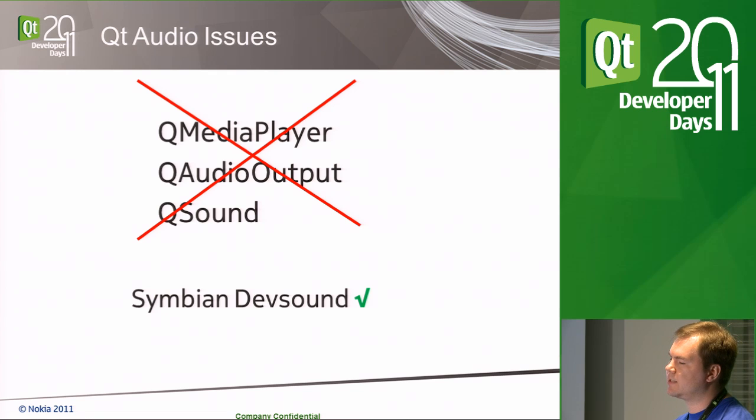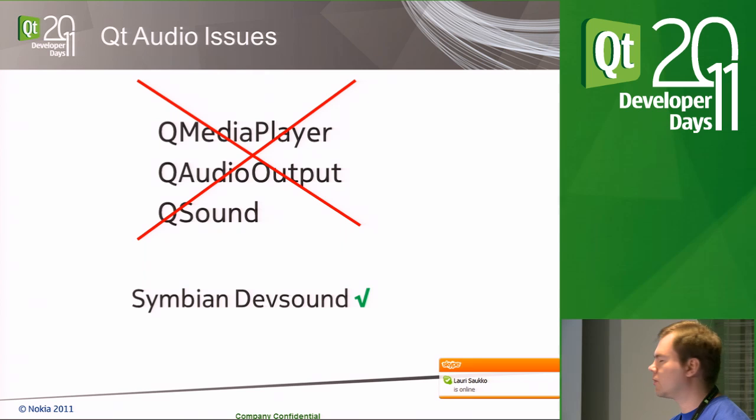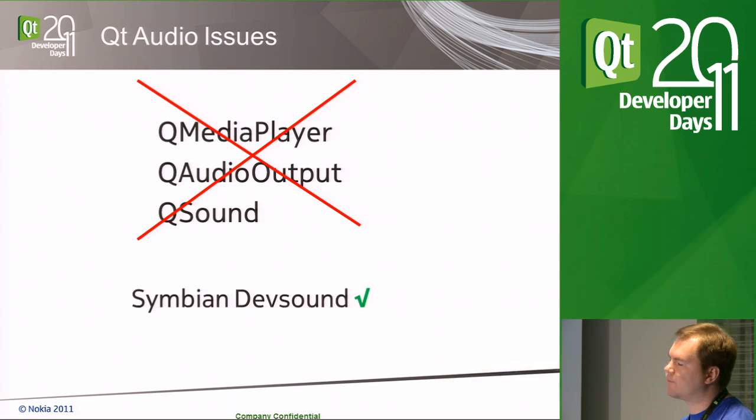Of course, if your game already works with these, then you don't have these issues, but you should be aware that there might be some serious issues with the Qt audio implementation in Symbian. Because of that, I would recommend just using the Symbian DevSound, because with that you can get the lowest latency possible for this platform.